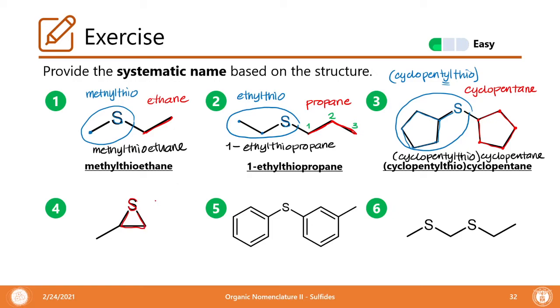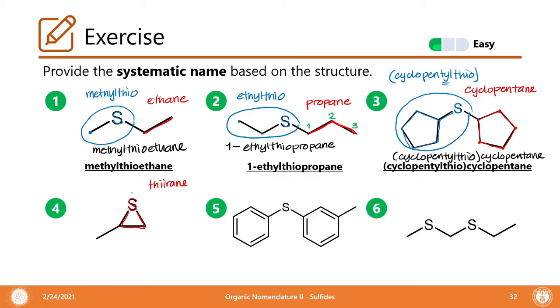Here we have a 3-membered ring with 1 sulfur atom comprising the ring. Instead of using oxirane, we don't use oxy, but we use thiirane.